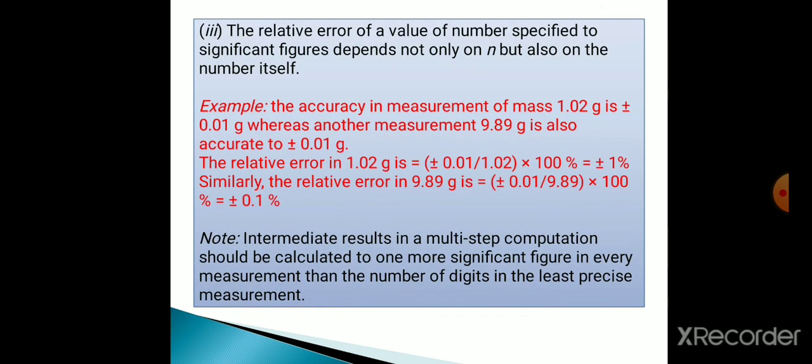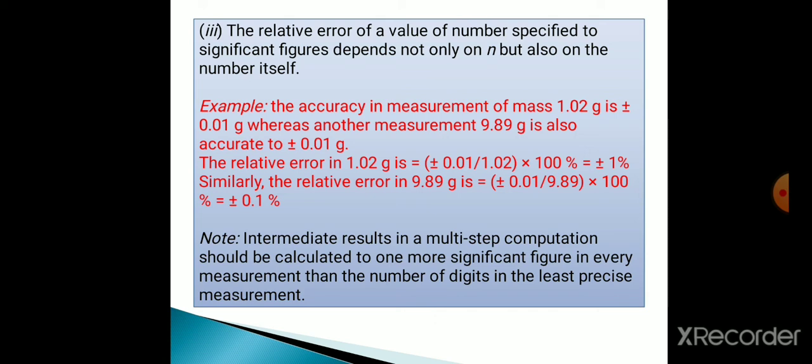The relative error of a value of number specified to n significant figures depends not only on n but on the number itself. For example, suppose the measurement of mass of an object is given by 1.02 plus or minus 0.01 gram and another measurement is given by 9.89 plus or minus 0.01 gram.